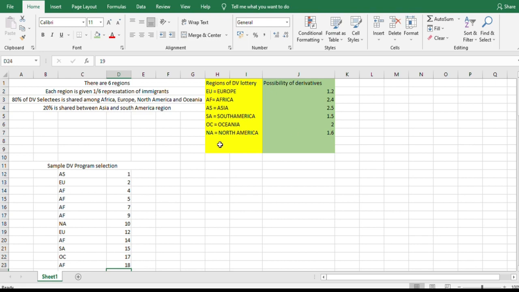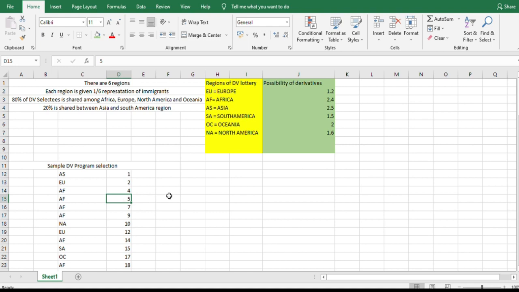So if the selectee with case number 1 here has a family of 4, those are 5 visas, and they all count in those 55,000 visas issued in the DV lottery program. I hope up to that point I'm clear.